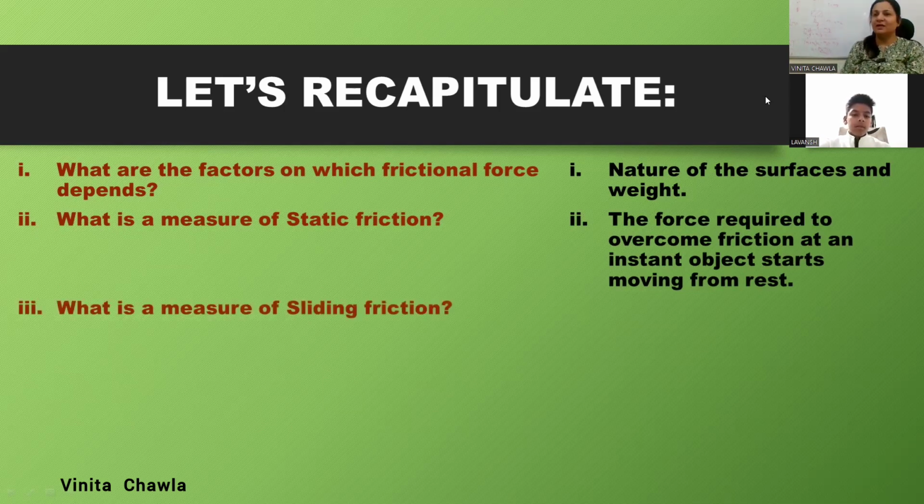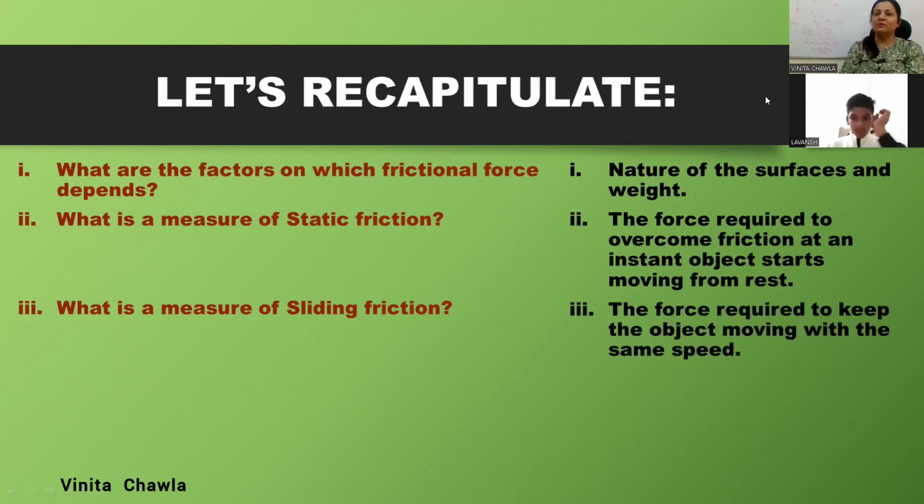What is a measure of sliding friction? When an object is sliding over the surface of another object, the force required to keep the object moving with the same speed. How much force is required to keep the object moving with a constant speed is the sliding friction.